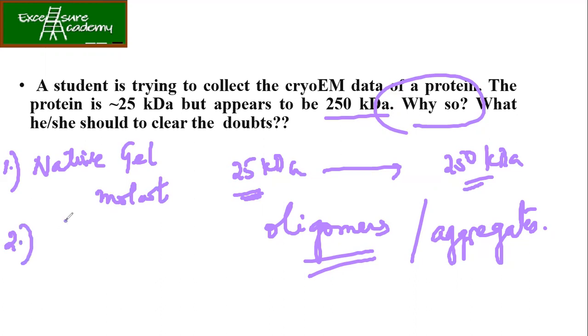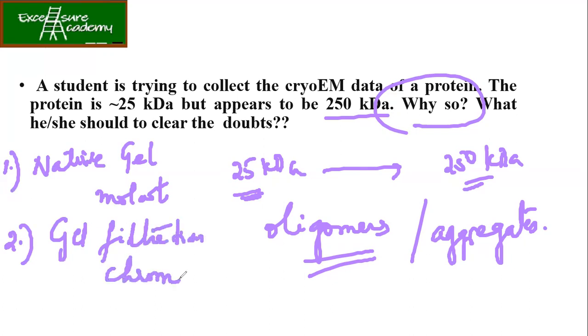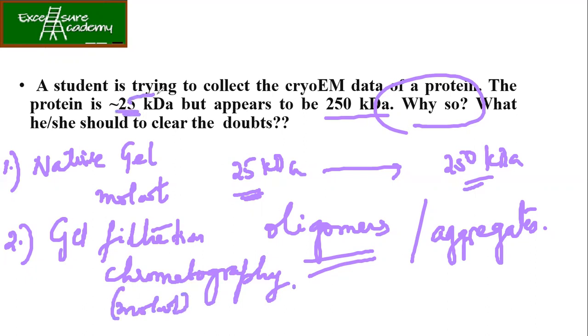Second, you can run the gel filtration method or chromatography, gel filtration chromatography. This will also tell you if there is a protein of higher molecular weight. So again, this will confirm the molecular weight. By this, we are actually checking whether it is 25 kilodalton or 250 kilodalton. So these are two methods, right?